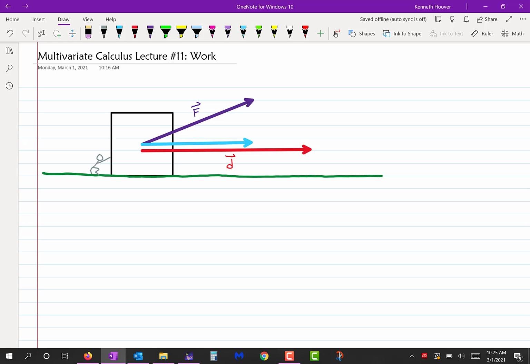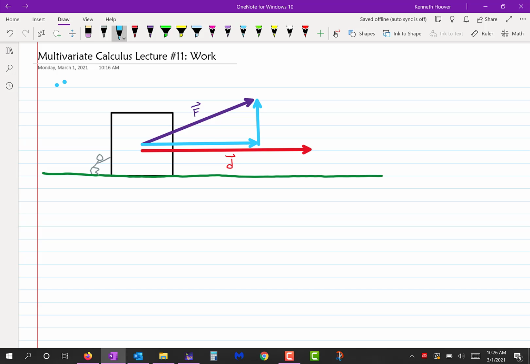Here's the horizontal component of his force, and there's the vertical component. The vertical component is being canceled out by the force of gravity pulling down. That's what's keeping him from pushing that box up into the air.